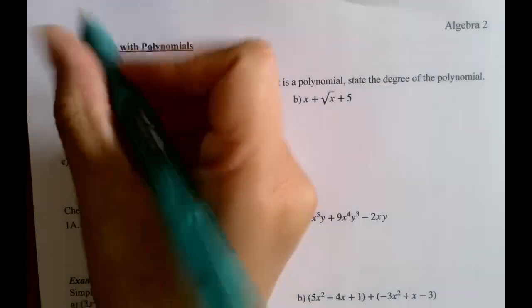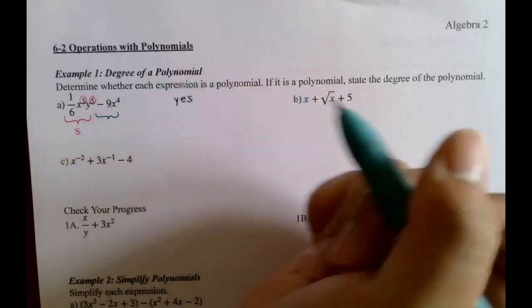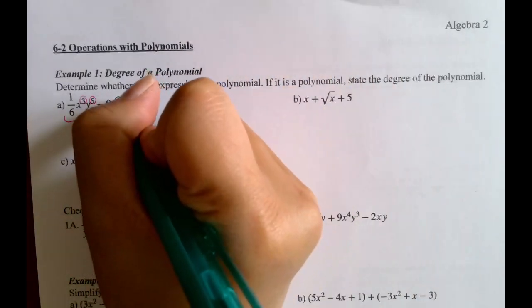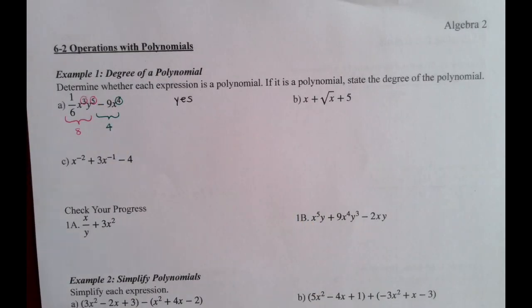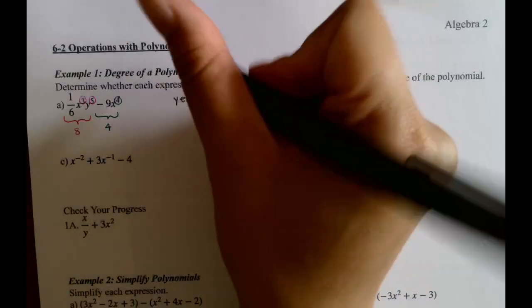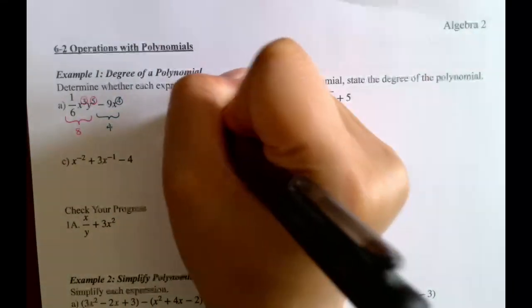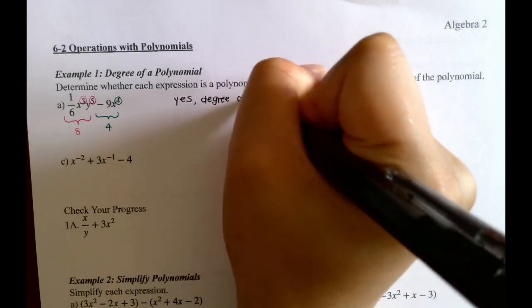The second term here, -9 x to the fourth, the variable here has a degree of 4. Okay, so we want the bigger one. 8 is bigger than 4, so it has a degree of 8, because 8 is bigger.